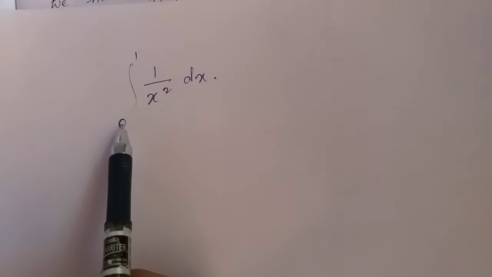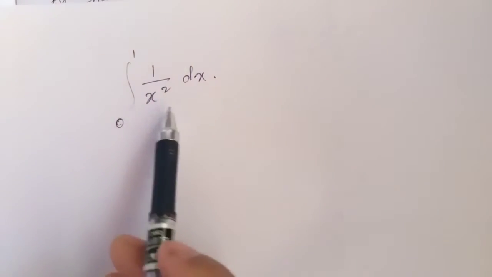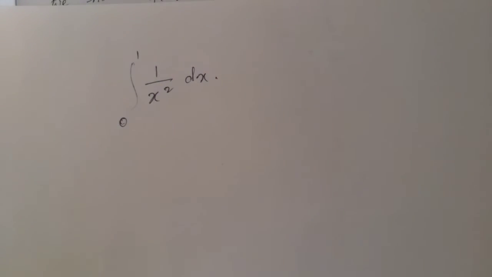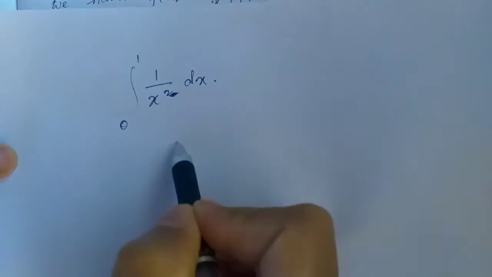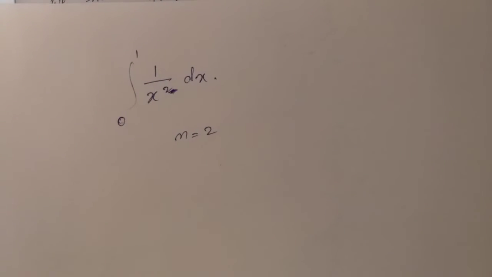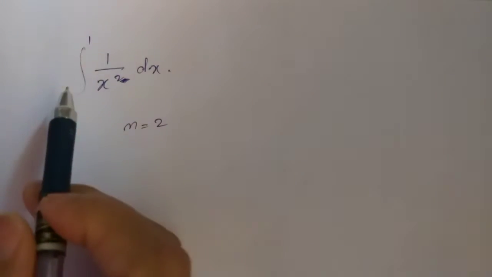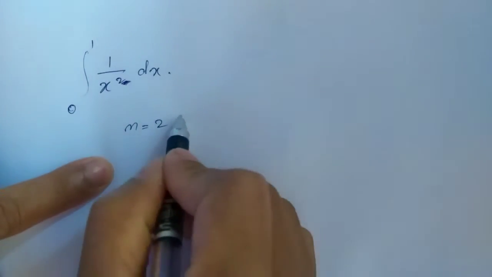Here 0 is the only point of infinite discontinuity. So comparing with that first example that I have done, here the value of n is equal to 2, which is greater than 1.